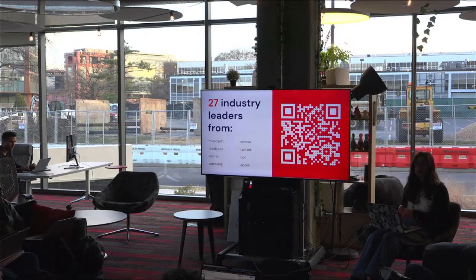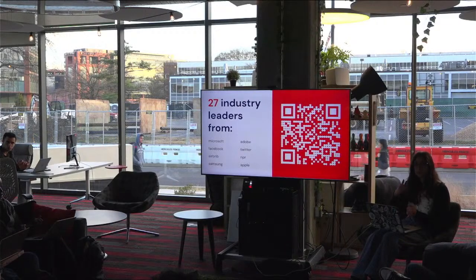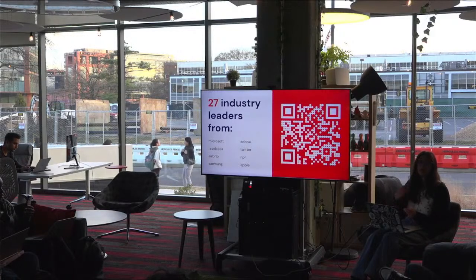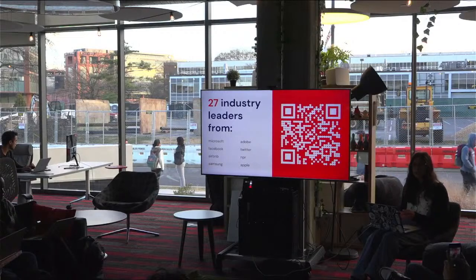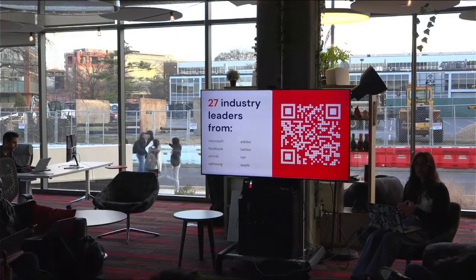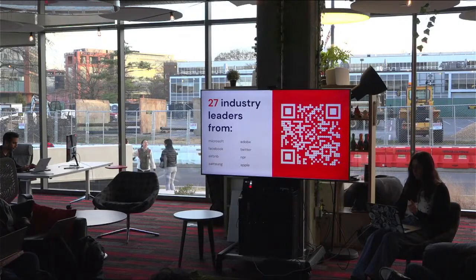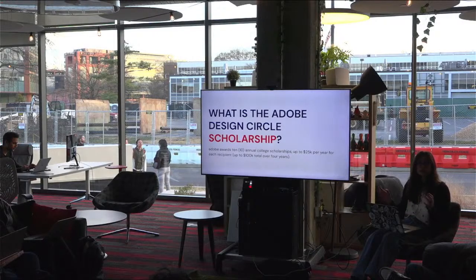If you're interested in seeing who is on the roster, scan this link. It'll take you to the Adobe Design Circle website, and you can scroll down and read more about the individual designers. It has links so you can see their websites. It also has articles written by them, and goes over the premise of the design circle as a whole. But these guys are the mentors for the scholarship.